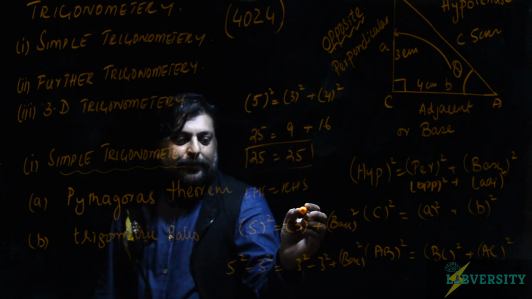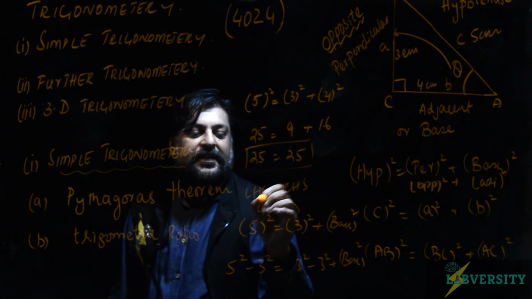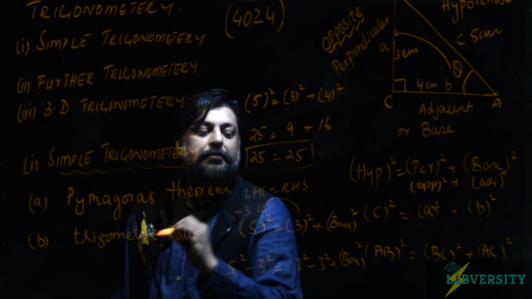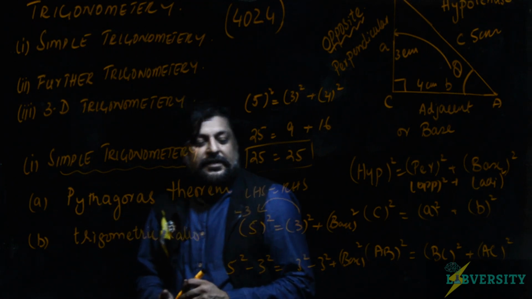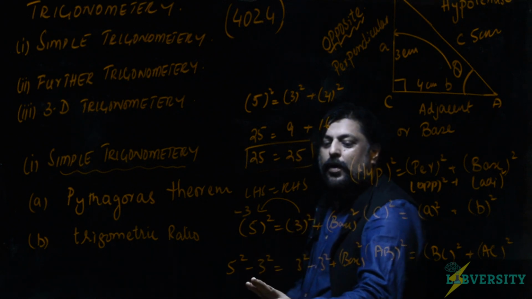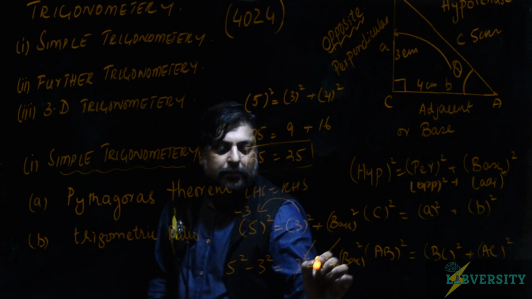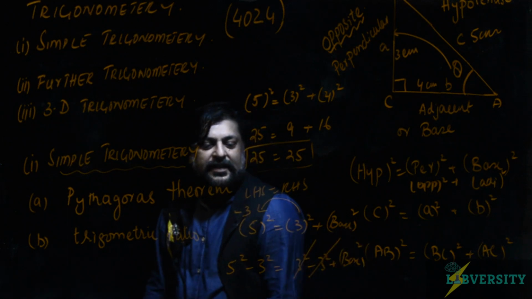Most people say that we have shifted 3 square here, and by shifting it we write it as minus 3 square. The genuine thing is that we add minus 3 square on both sides. What will happen? Minus 3 square plus 3 square will cancel each other.